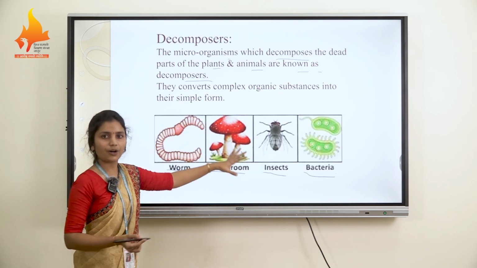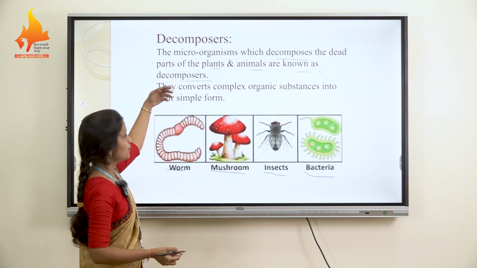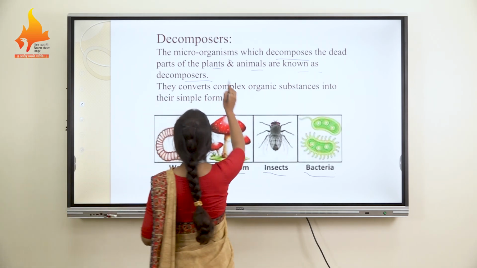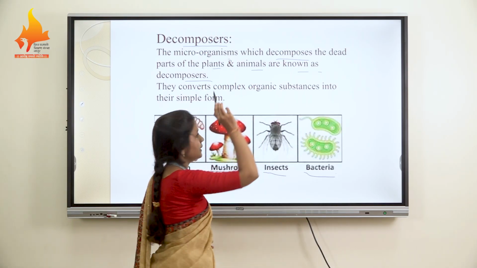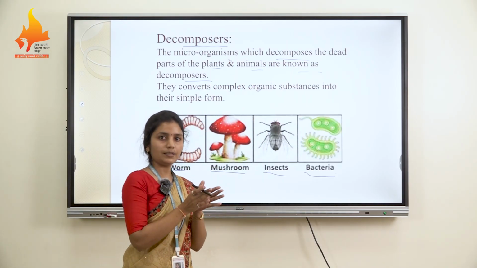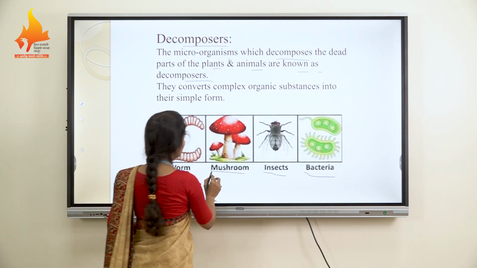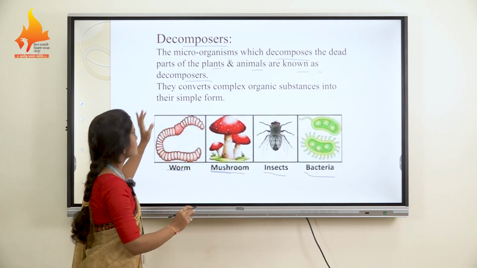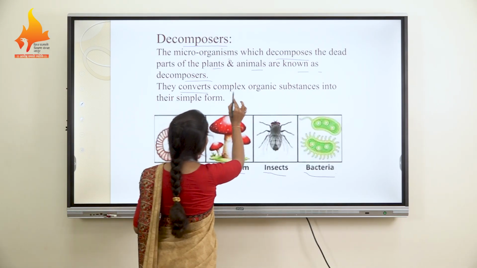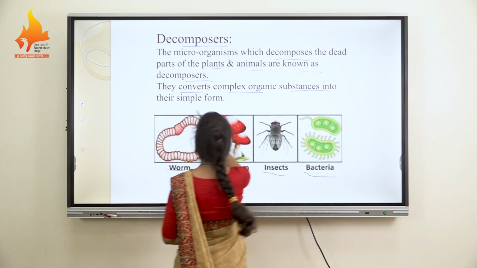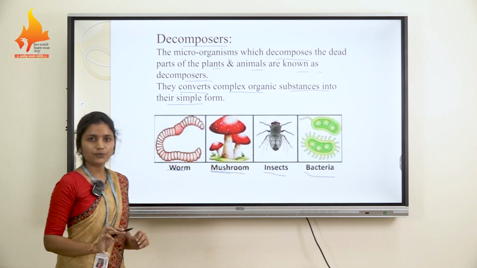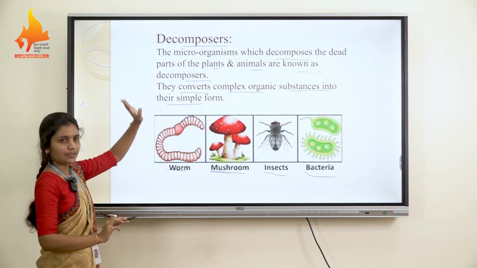These microorganisms are known as decomposers. They decompose the organic part and obtain their food material. They convert complex organic substances into simple forms. These are called decomposers.